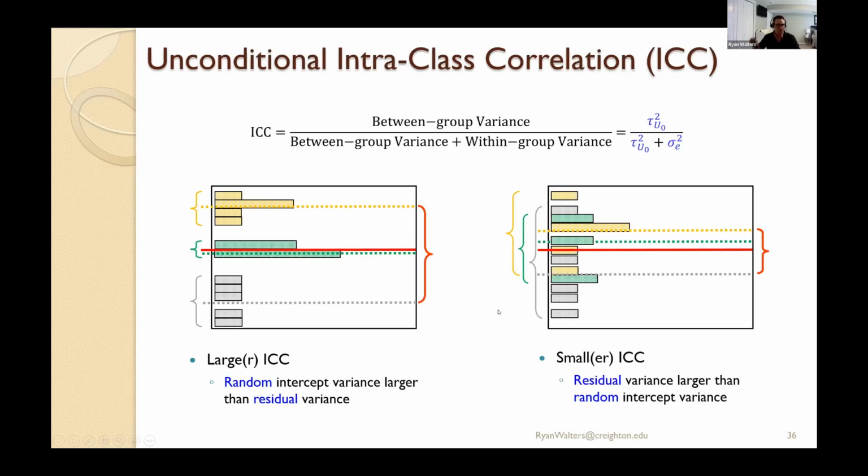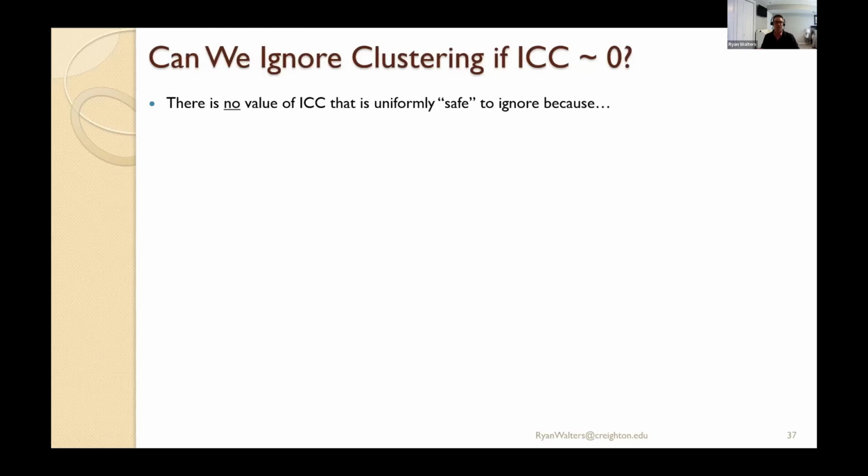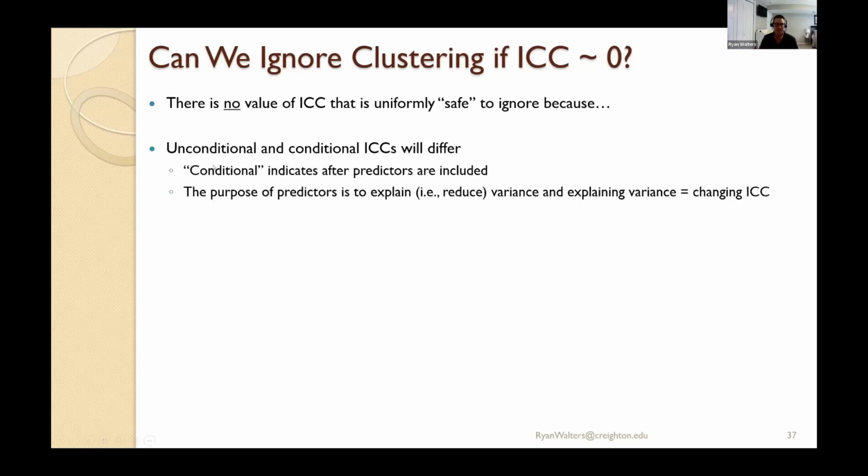One of the questions that pops up a lot, and there's actually a lot of methods literature related to it, is can we ignore clustering? Do we need a multi-level model if our ICC is approximately 0? And my answer to that is unequivocally no. The reason is that our unconditional ICC, which we saw in the previous 2 slides, is going to differ from our conditional ICC. Remember, predictor variables have fixed effects that explain variance.